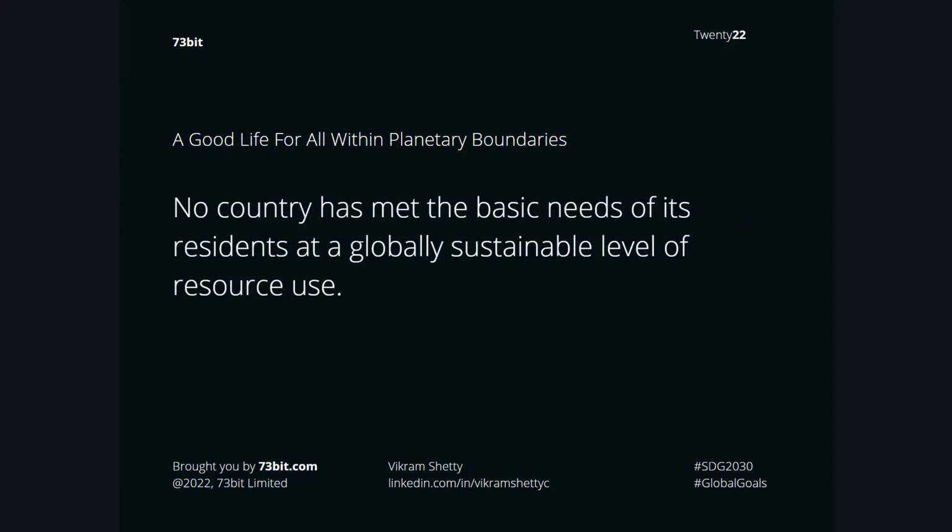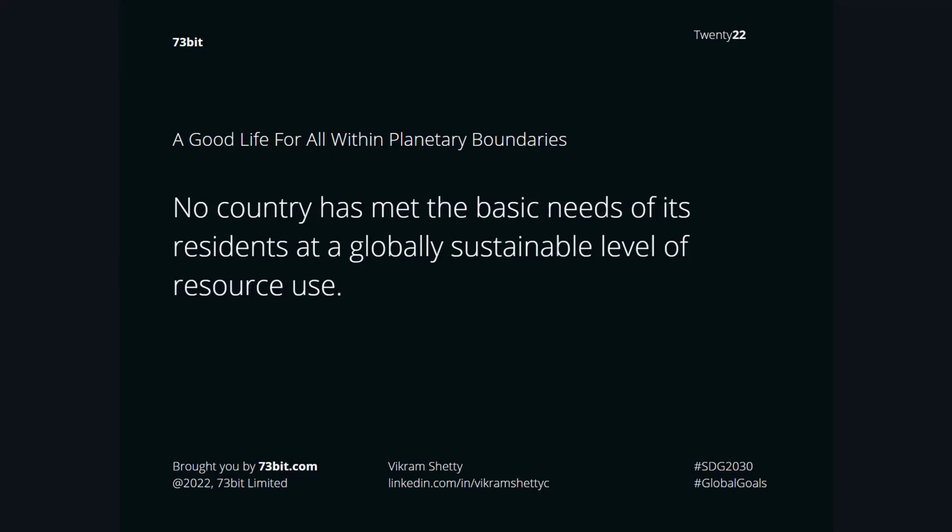Good Life for All within Planetary Boundaries is a very interesting way of measuring it. You can basically compare two countries here, and they have created a donut chart with all the planetary boundaries of CO2 emission, material footprinting, ecological footprinting, land use change, blue water, nitrogen, phosphorus. Okay, you already know that. And they have also used social foundation.